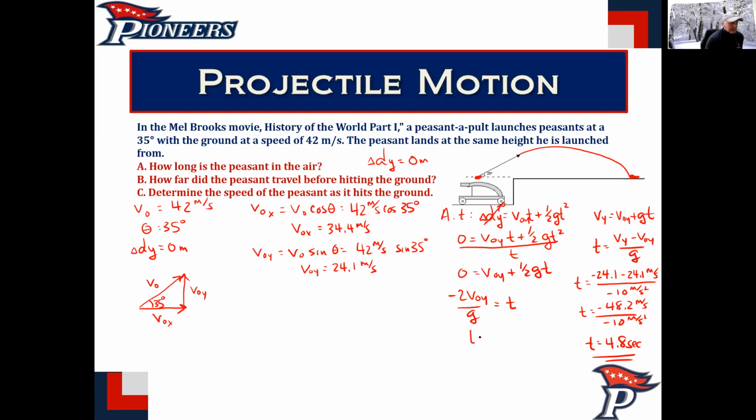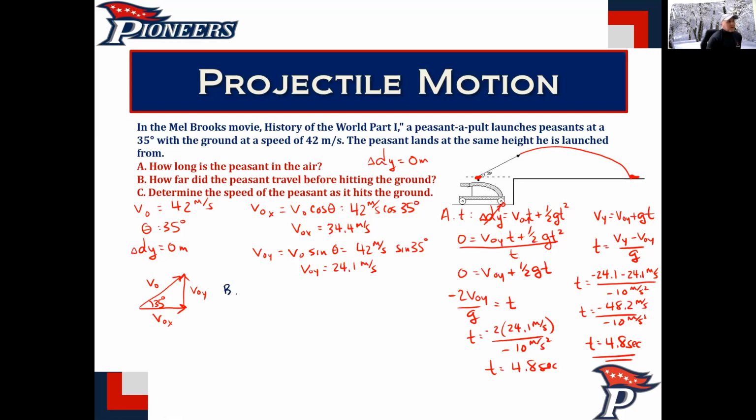Then when I plug it in, there's that 2 that I would get if I had made this equal to 0. And I get 4.8 seconds again, right? So either way works.